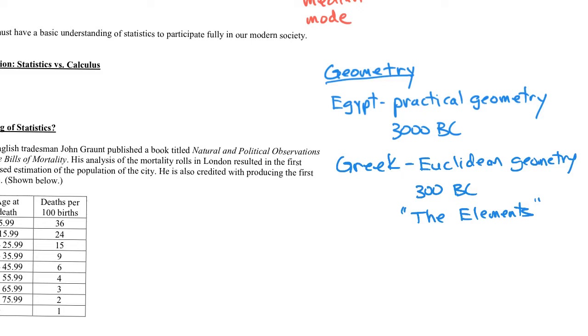In fact, if you studied math up until around the year 1900, you would have read the Elements. That would have been part of your training in studying mathematics. And since then, there have been many other geometry textbooks published, and a lot of them you studied in high school. A lot of you took 10th grade geometry, and that was still based on the Elements, the two-column proofs and things like that.